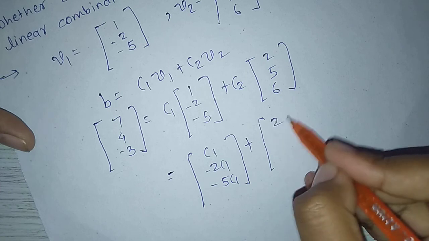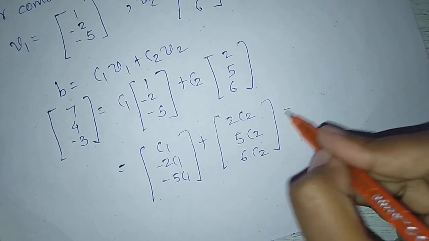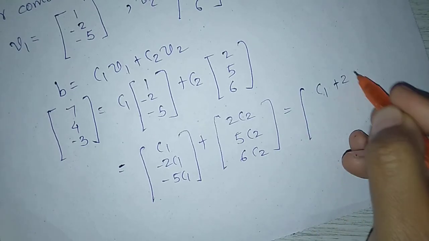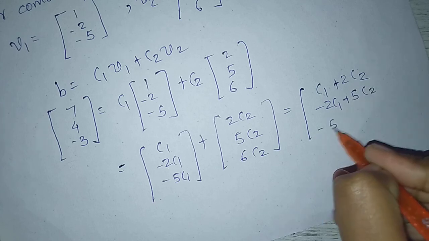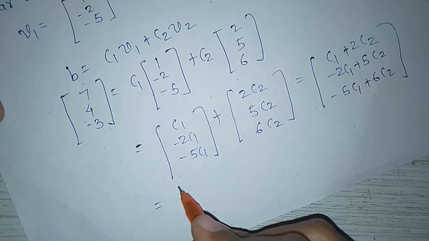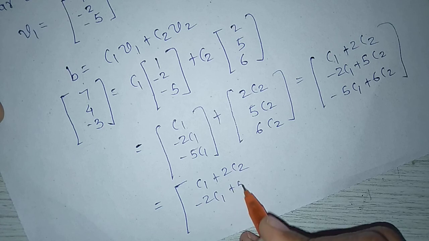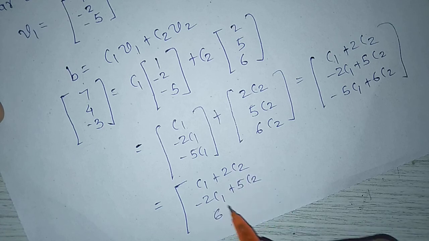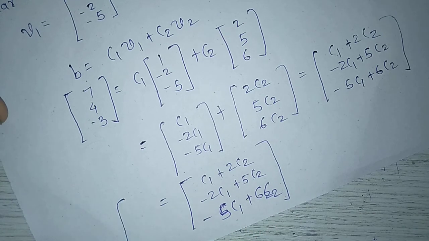Next 2c2, 5c2, 6c2, which is equal to c1 plus 2c2, minus 2c1 plus 5c2, minus 5c1 plus 6c2, which is equal to 7, 4, minus 3.